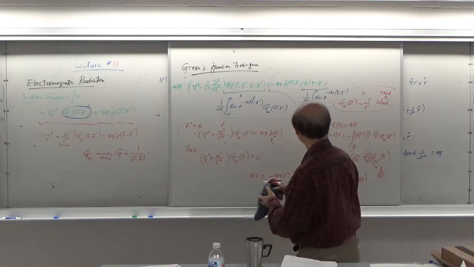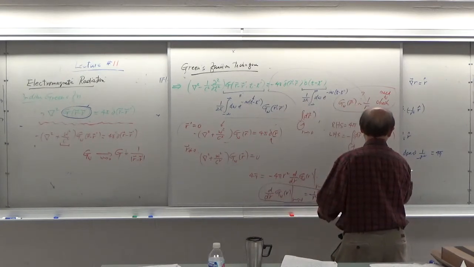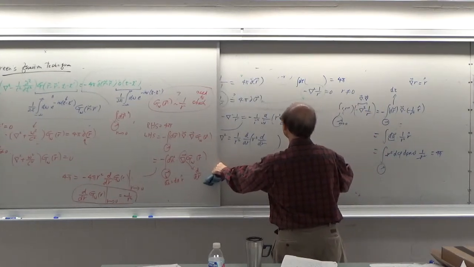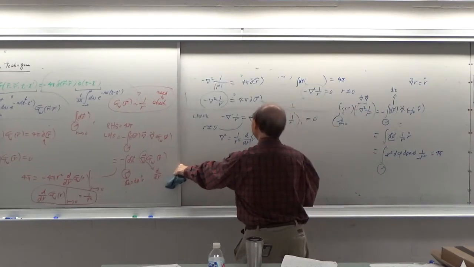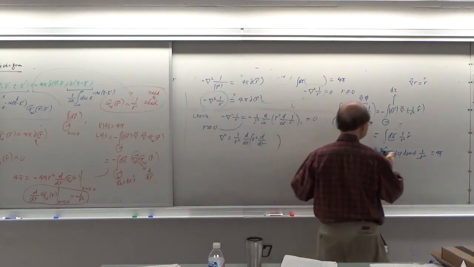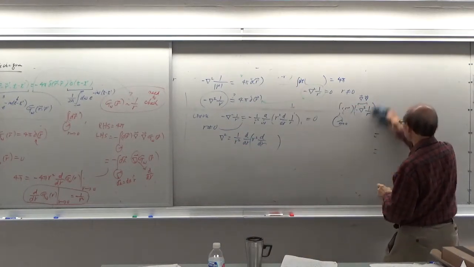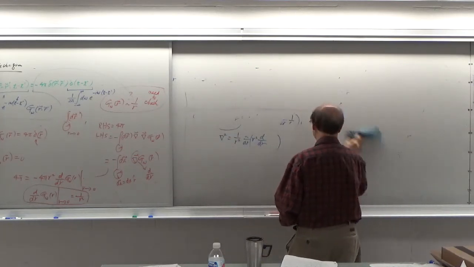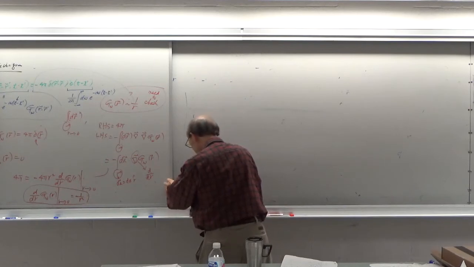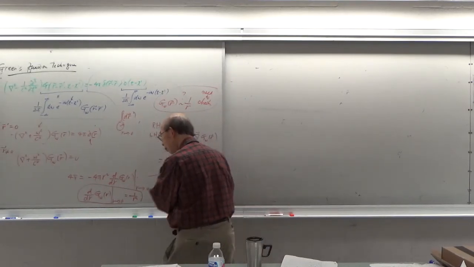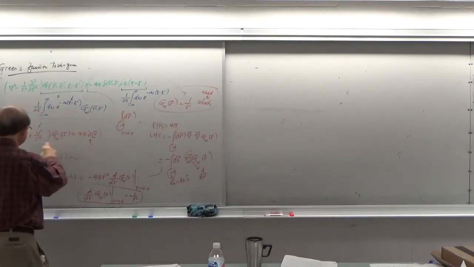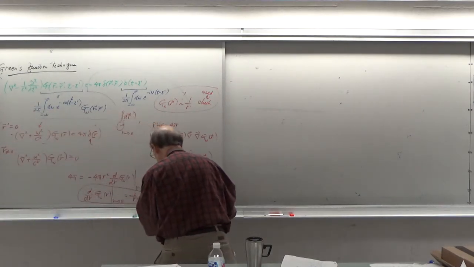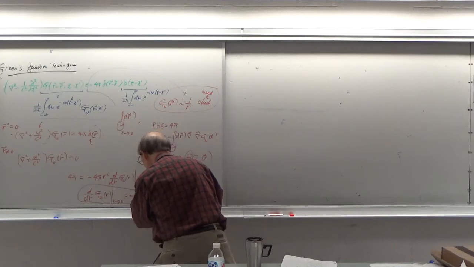So let me now go over this part of the thing. May I erase this? Do the calculation here. The very fact that there's this delta function in this Green's function tells me that there is a boundary condition that has got to be satisfied, namely this one.